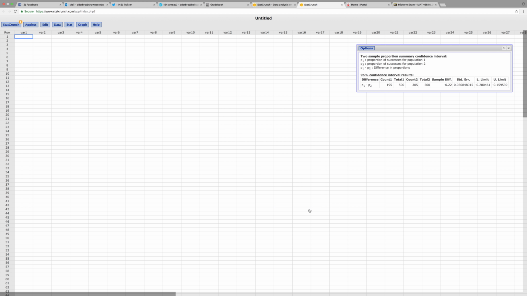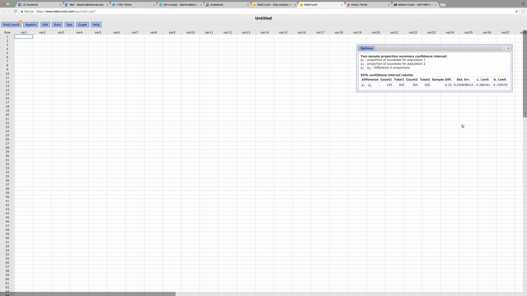Now, if I'm going to do the confidence interval, Megan, again, thank you for teaching this to me. 0.95. So you can see that the lower limit is negative 0.28, the upper limit is negative 0.15. Now that varies a little bit from what we got, and the reason is the standard error has been calculated differently.